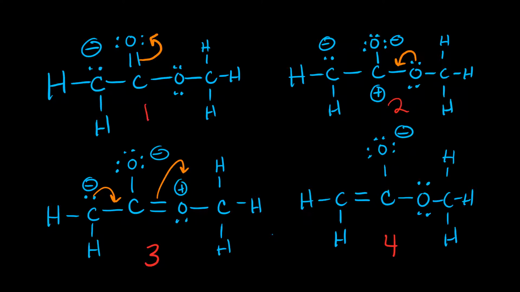Notice that the net result was getting a negative charge off of a carbon and also a positive charge off of an oxygen. And the only atom bearing a charge is the oxygen, and it's the most electronegative atom in the molecule, so that is a favorable electron movement going from 3 to 4.